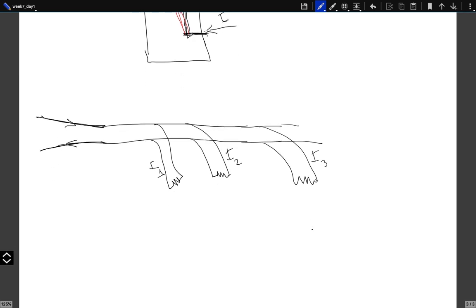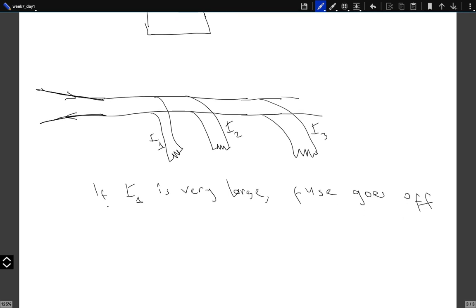If it happens that one of those devices attracts too much current, then your fuse will just prevent any current running in your system. And one of the reasons why any given device can attract too much current is what we call a short, or a short circuit.